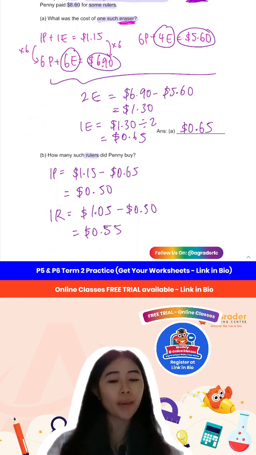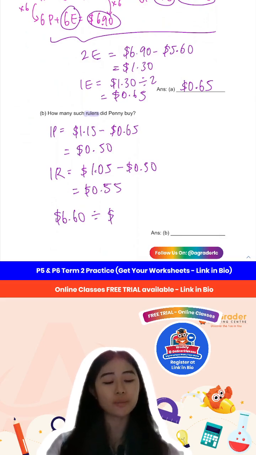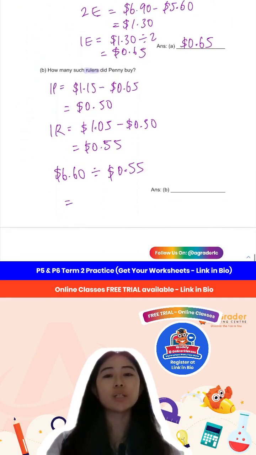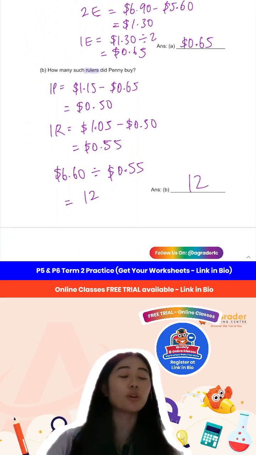And then Penny spent $6.60 on rulers only. So your last step is just to divide. Use the $6.60 and then you divide by the cost of one ruler. You can use calculator for this, so it should tell you that you get a nice number, 12. Okay, so that's your final answer, 12 rulers. Yeah, which I think a lot of you got correct, which is great.